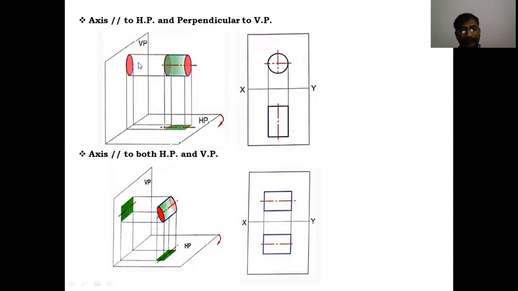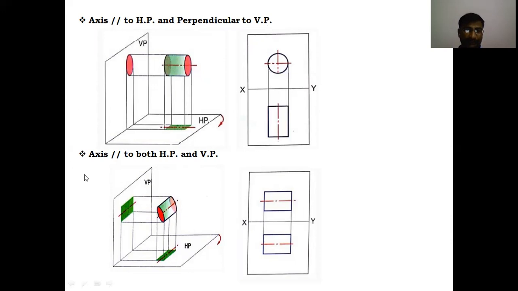The front view is a circle, and top view, when we look from this side, is a rectangle. First draw the front view, which is above the XY line, and project the points from that circle. We will get the rectangle in the top view. Okay, this is the top view of the cylinder. This is the front view of the cylinder when the axis is parallel to HP and perpendicular to VP.